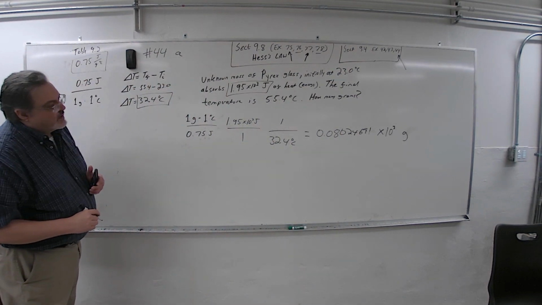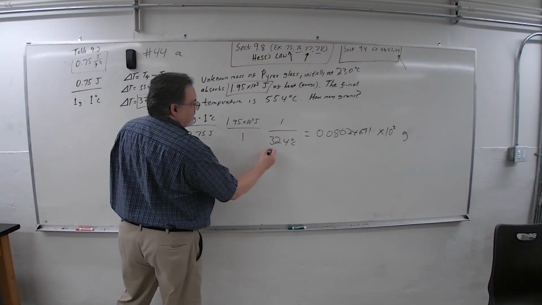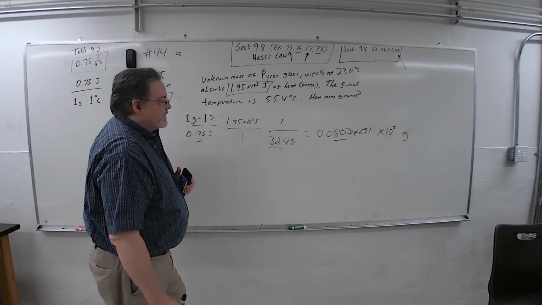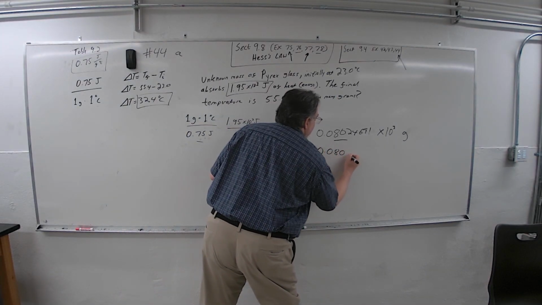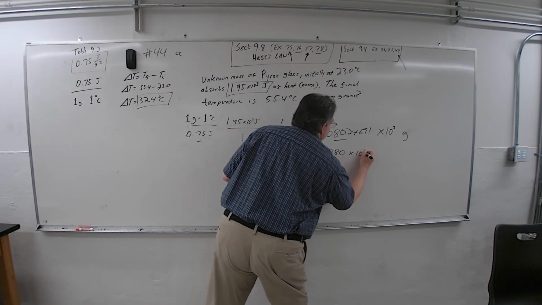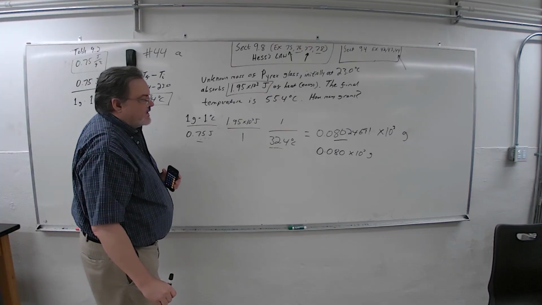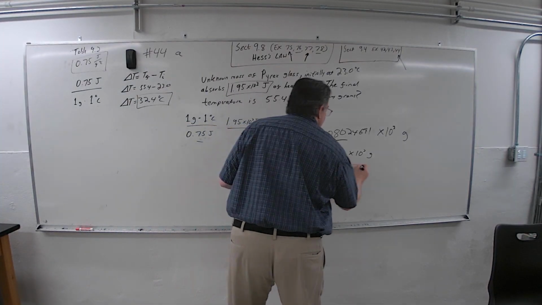All right. What else do we need to do? Two significant figures, so we need these two: 0.080 times 10 to the 3 grams. That is 100% correct.